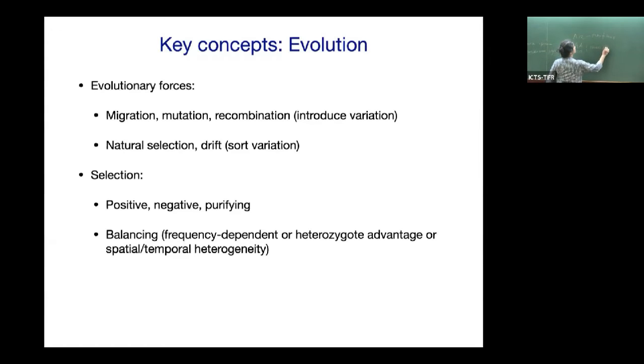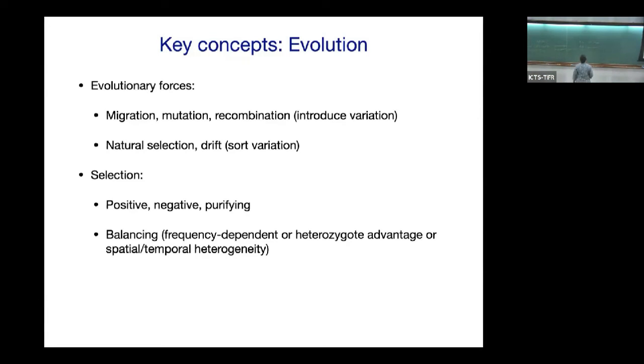In this case, the selection acting on each of these alleles is determined by which genotype context they're in, right? Big A is beneficial when present with little a, but not necessarily by itself, right, in two copies. And finally, you can also have spatial or temporal heterogeneity in selection.